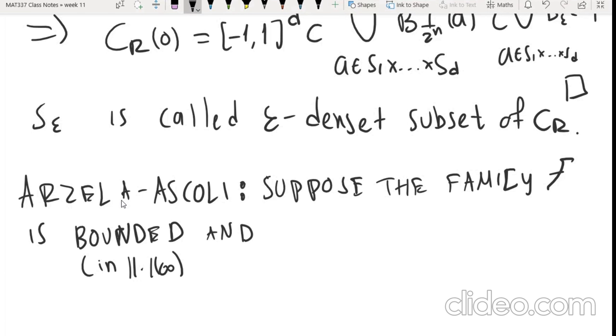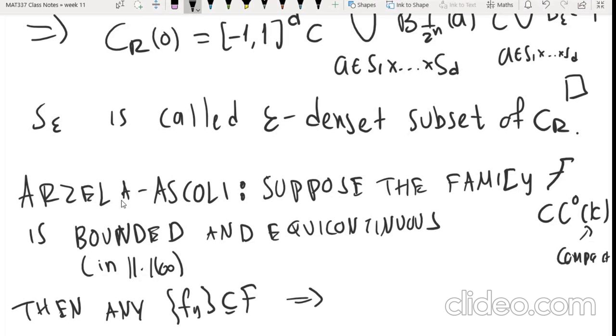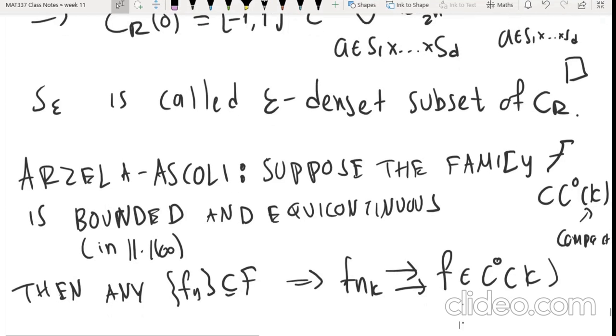And equicontinuous. Right, so a family inside C^0(K), where K is compact, and equicontinuous. Then any sequence, any F_n in F, has a converging subsequence to some F in continuous functions. Okay, so that's the one that's been used.